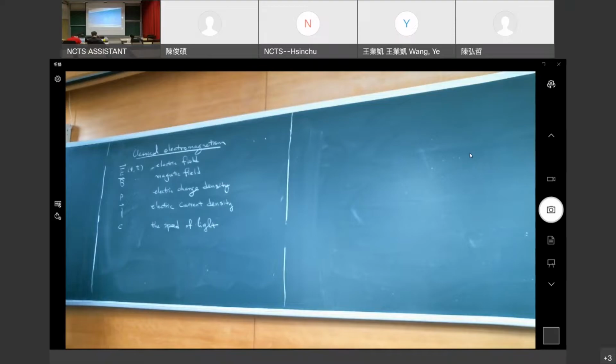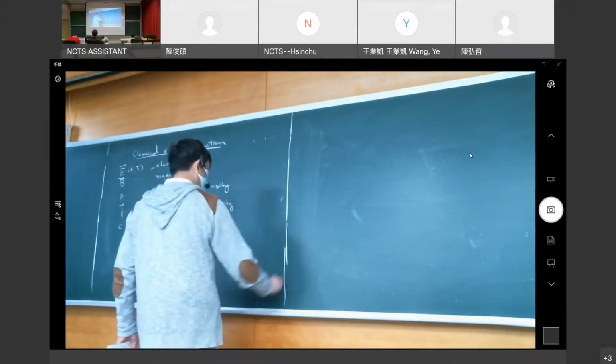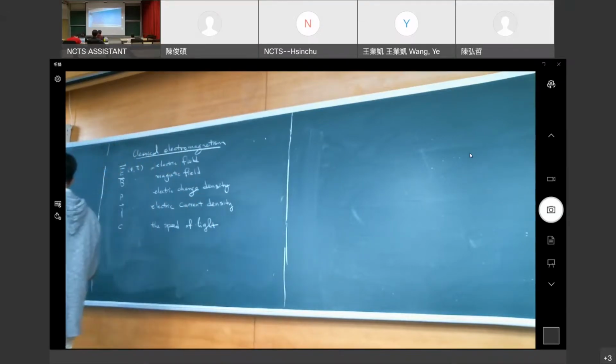Then the fundamental equations of classical electromagnetism are as follows. I group them into two categories because from the geometric point of view, they are completely different.